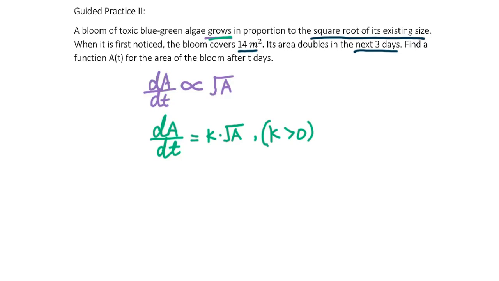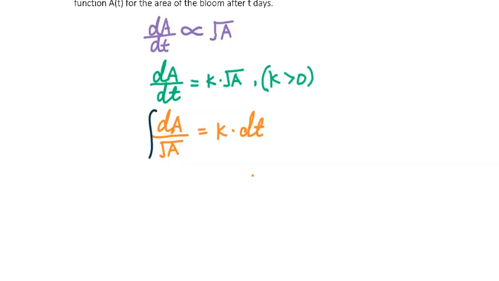We need to solve this differential equation. You will have dA over square root of A. We put square root of A on the left side, equals k times dt. Then integrate both sides. For 1 over square root of A, I can write A to the -1/2 power.